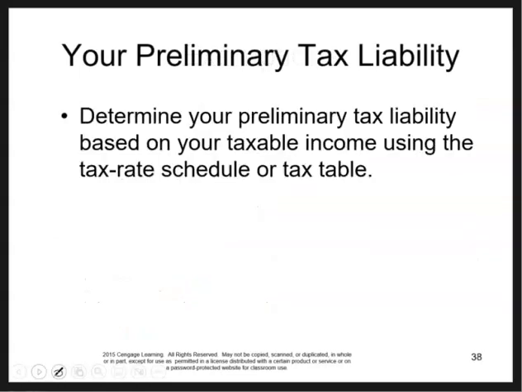So now you have your preliminary tax liability. You use either the tax rate schedule or the tax table. The IRS publishes these books, and you can literally flip to a page, and it will tell you what your tax liability is based on your income.